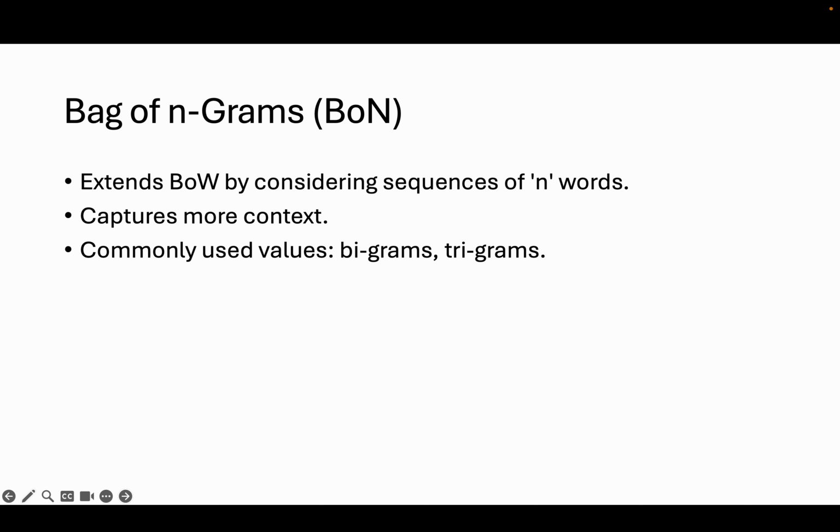Bag of n-grams improves upon bag of words by considering combinations of n consecutive words. This helps capture the context and meaning better than single words. For example, New York as a bigram retains its meaning of New York City, unlike in the bag of words where it separates into the words new and York.